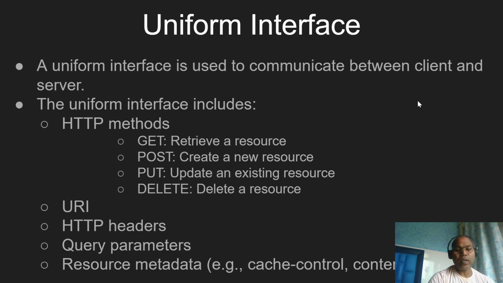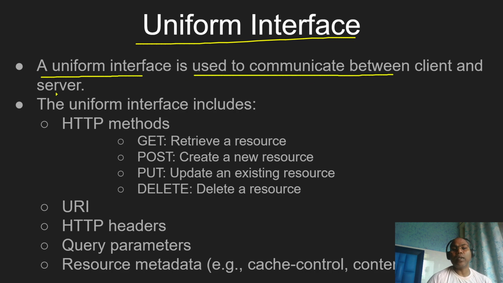And as you mentioned, there are very strict rules to follow while implementing a REST API. A uniform interface eases the communication between the client and server. These are the standards that we generally follow with HTTP protocols. HTTP has defined some standard methods.